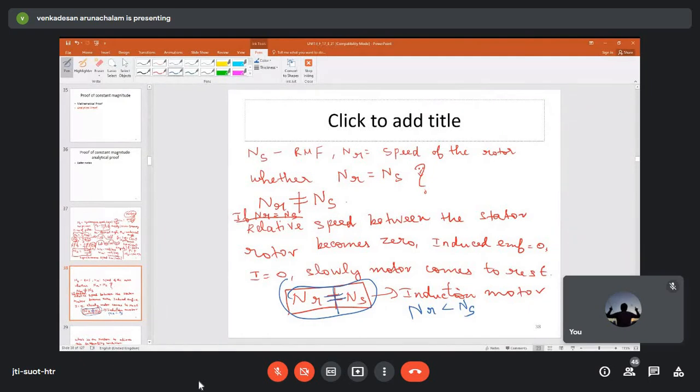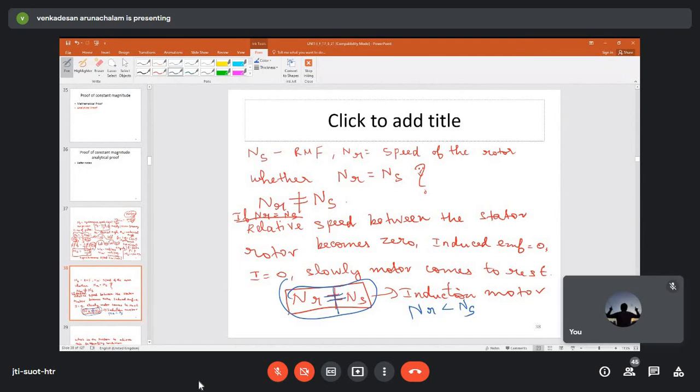If NR is equal to NS, the relative speed between the stator and rotor becomes 0, induced EMF becomes 0, I is equal to 0, and slowly the motor comes to rest. So the synchronous speed will never become equal to the rotor speed. Always your rotor speed will be lesser than your synchronous speed in the case of an induction motor.